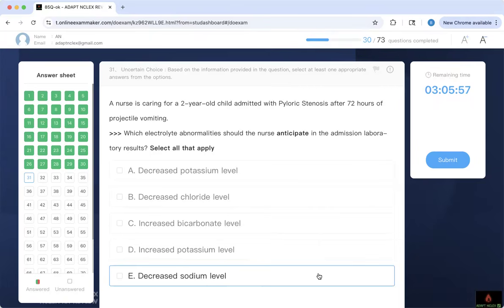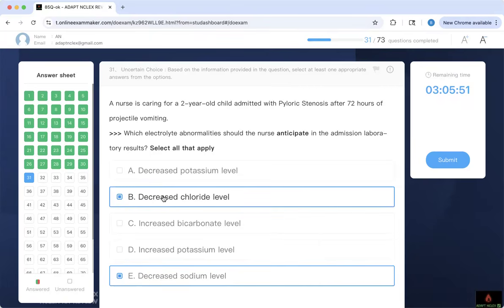You get dehydrated. Your sodium decreases. Your chloride is also decreased because you're losing hydrochloric acid, or sodium chloride. You become what? Metabolic alkalosis. Therefore, your bicarb increases.